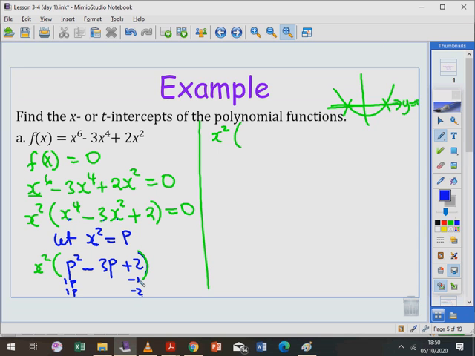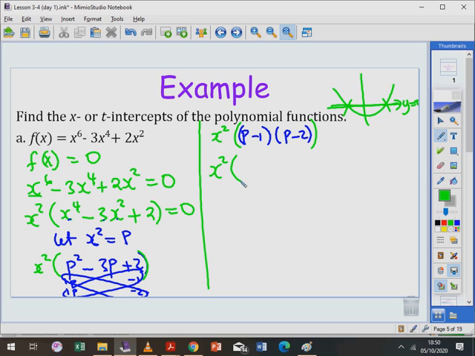Since negative 1 times negative 2 is positive 2, and at the same time negative 1 plus negative 2 is negative 3, I know that my factors are found. So my factored expression of what's inside the bracket is going to be p minus 1 into p minus 2.